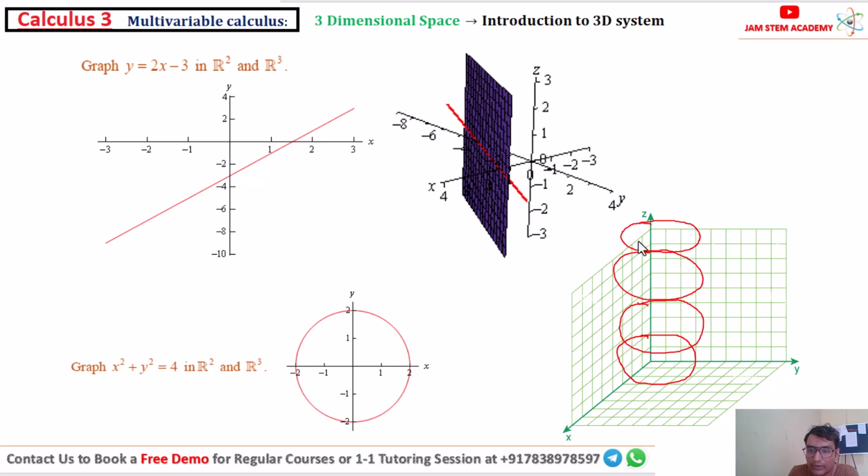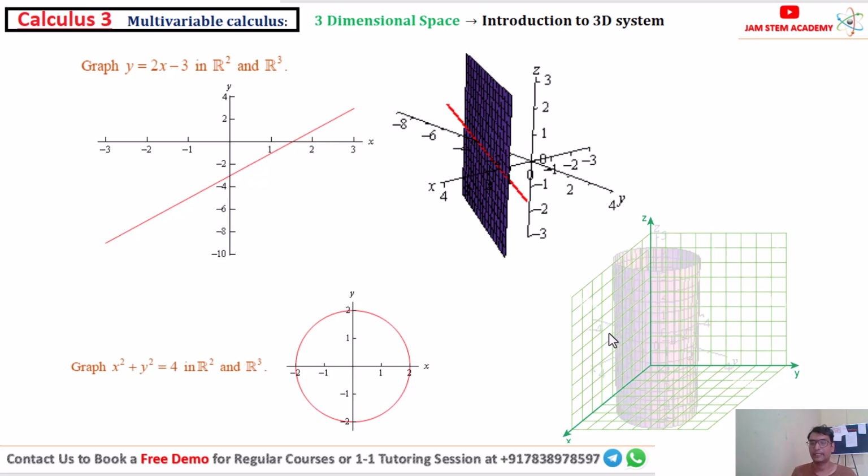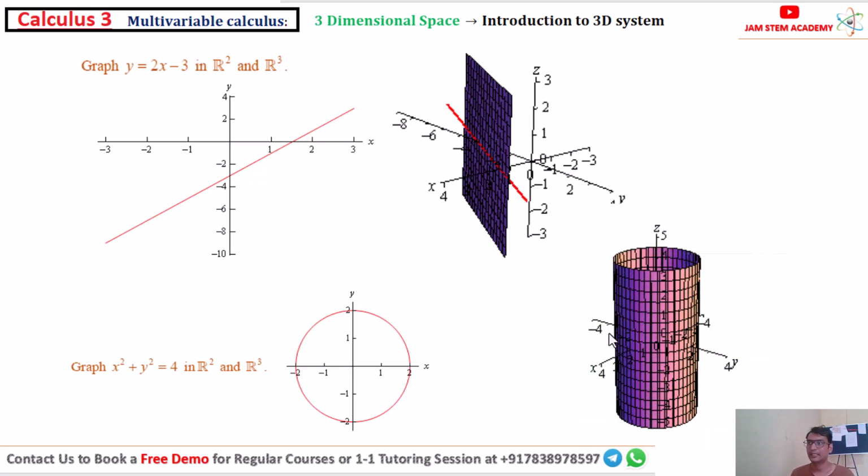Now if I combine all these, what will I get? The radius is the same for all of these. The radii are not different. And if you join all of these, you will get a cylinder at the end. Yes, that's the answer: cylinder.